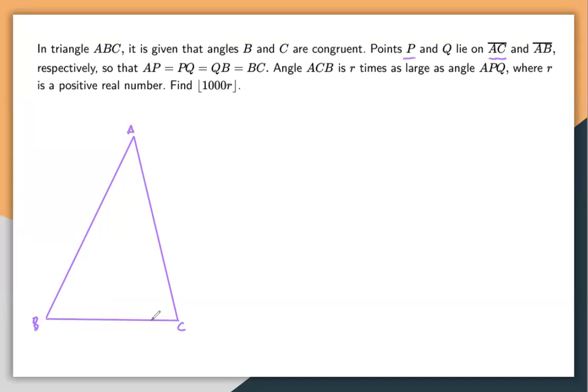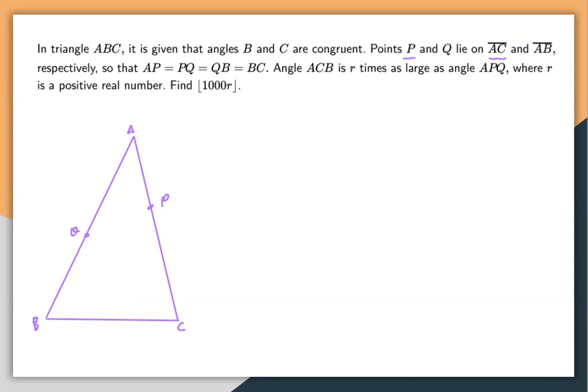This means BC should be a bit smaller than how I drew it, but it's fine, I guess. So maybe this is P, and since PQ and QB are the same, this is our Q, and then this is B, and then this is C.